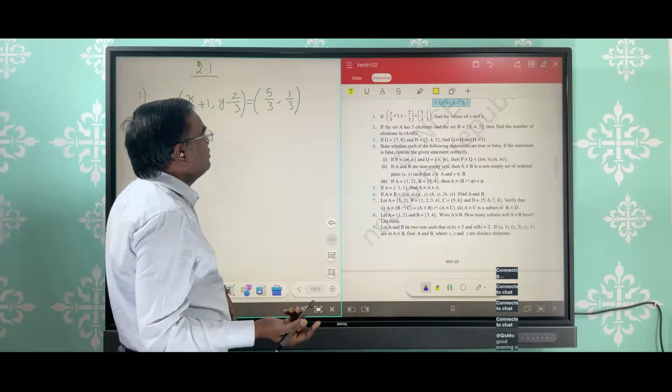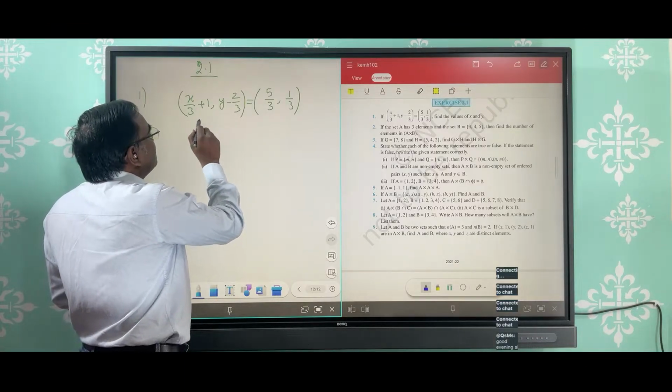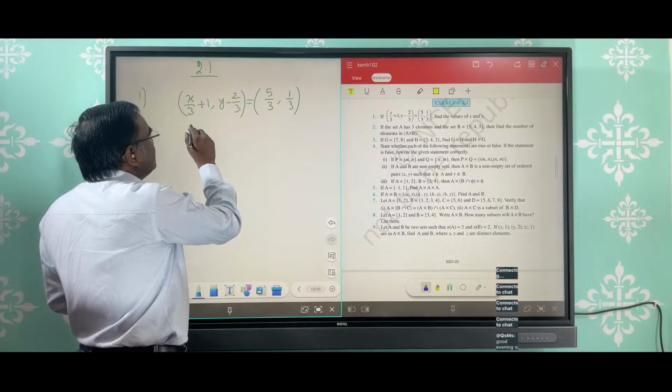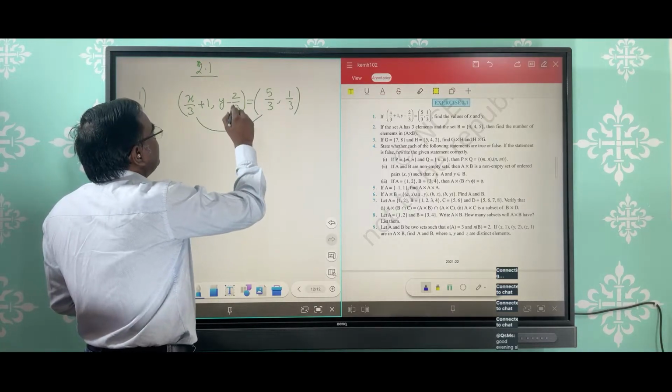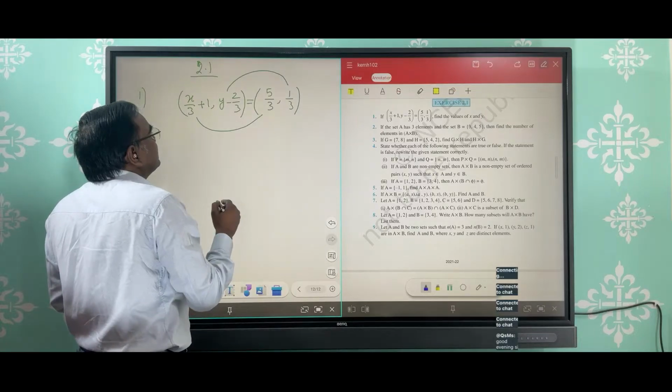We have done this earlier in the example. These are the paired elements, so you equate them: the first element equals the first element of the second pair, and the second element of the first pair equals the second element of the second pair.